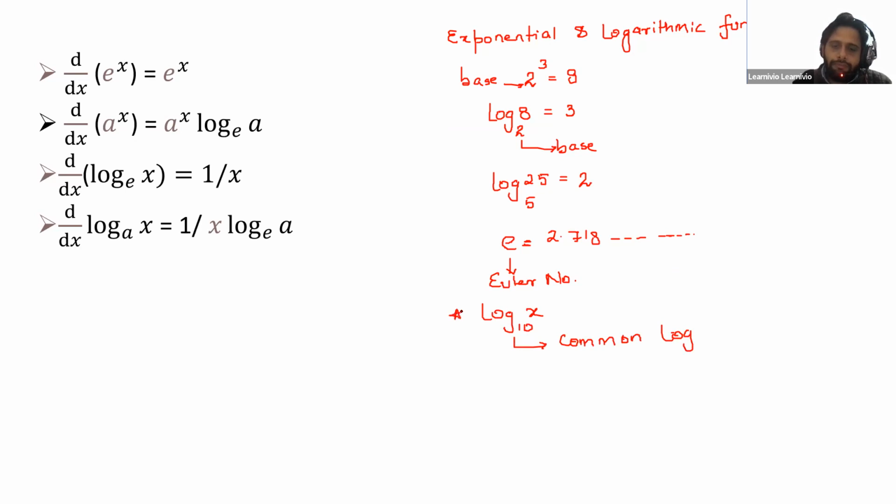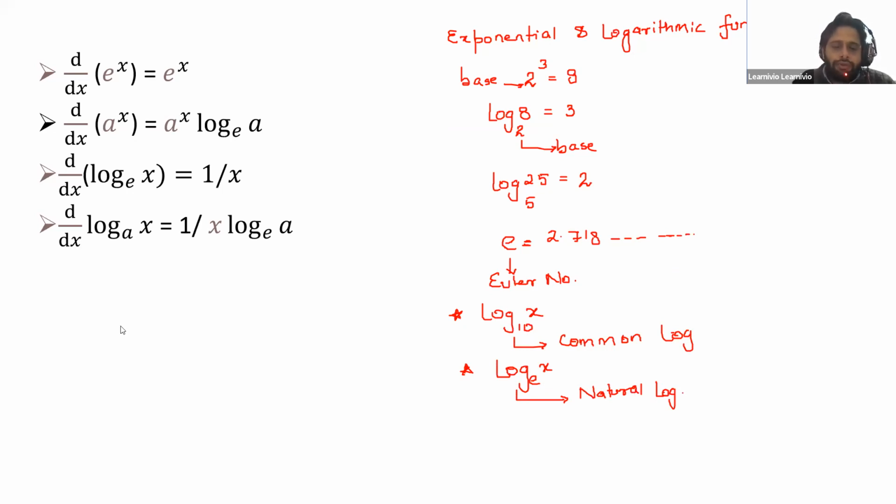Now, if you have a base e, then this is called natural log. If the base is 10, you will say this is a common log, and when the base is e, then we will say that this is a natural log.